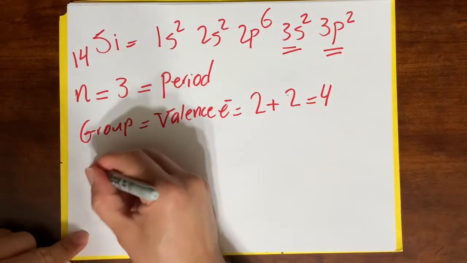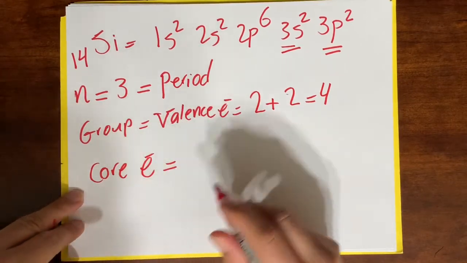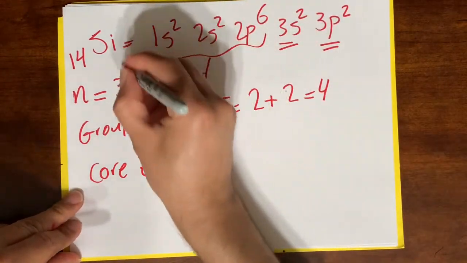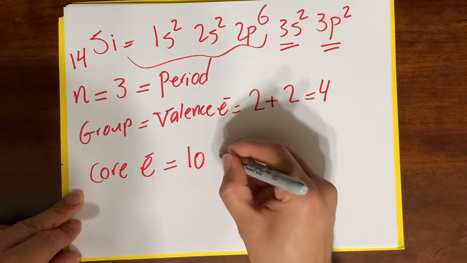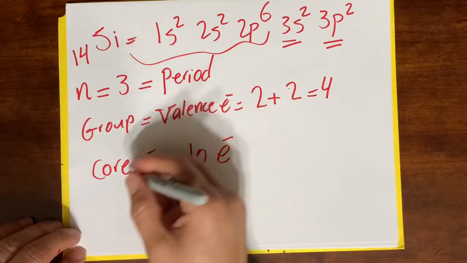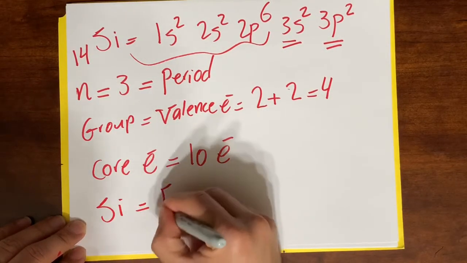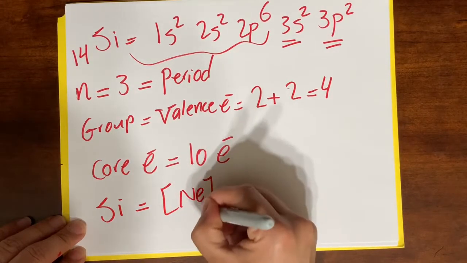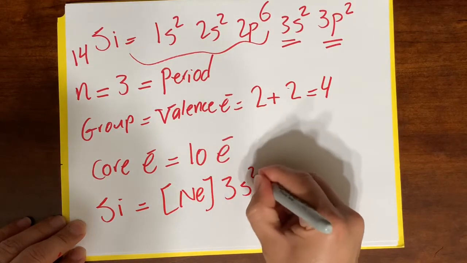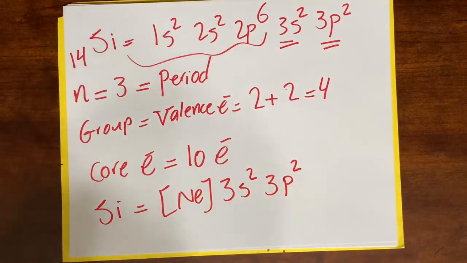How about core electrons? Core electrons, what we're left with here, 10 electrons. If you want to write a short electron configuration for silicon, it will be neon, 3s2, 3p2.